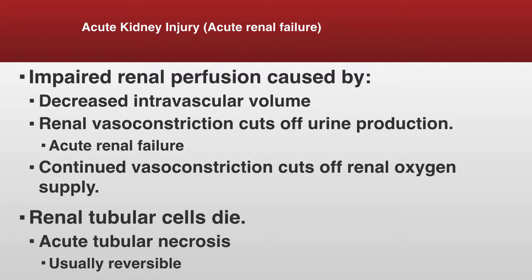Without that getting returned, the renal tubular cells die, and this leads to acute tubular necrosis. Usually, this is reversible, but in some cases, there still remains some kidney involvement. All of this occurs as part of sepsis or in multi-organ failure.